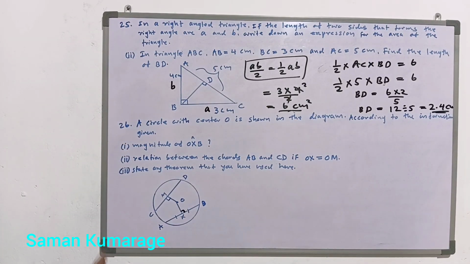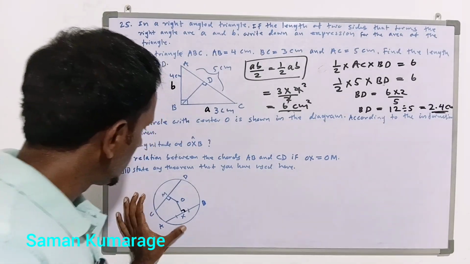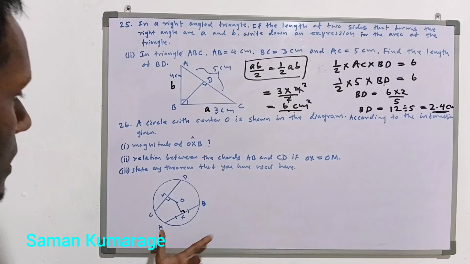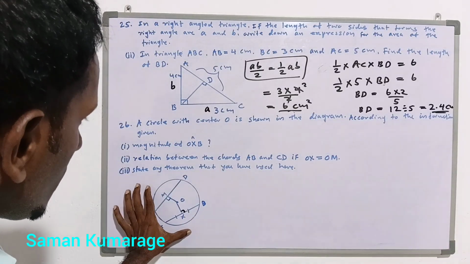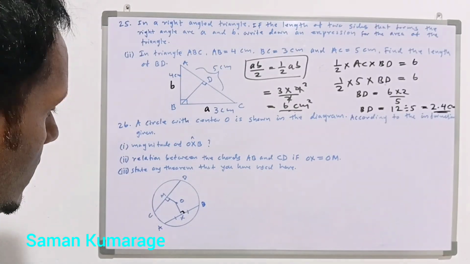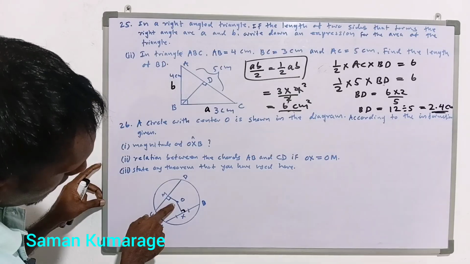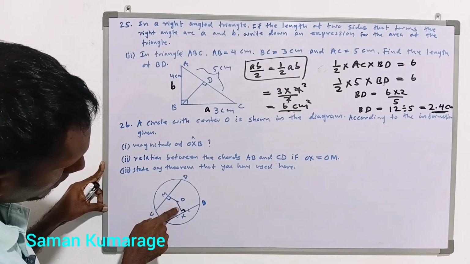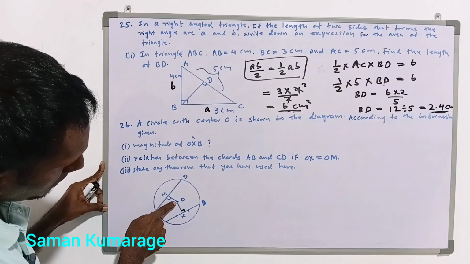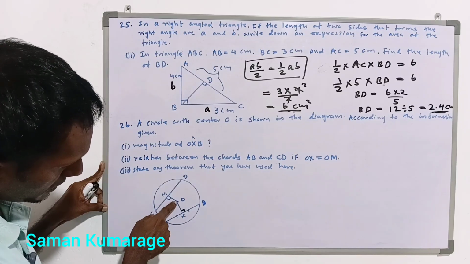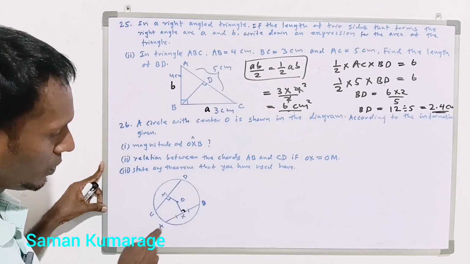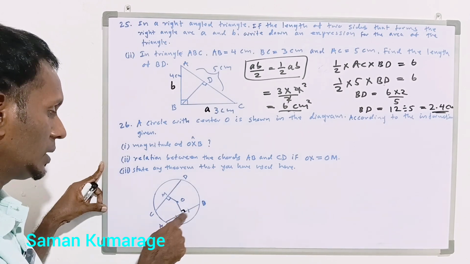Okay, for that we have already studied in Chord's theorem that a line drawn from the center of a circle to the midpoint of a chord is perpendicular.